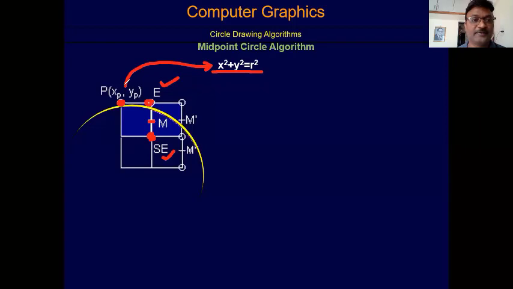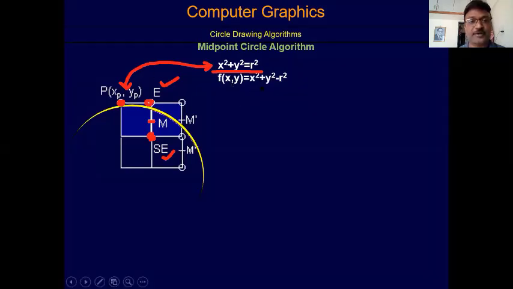Suppose this is satisfied. So I put it in the function: f of xp, yp is equal to x square plus y square minus r square, where my point x, y is nothing but xp, yp. So this becomes xp square plus yp square minus r square.